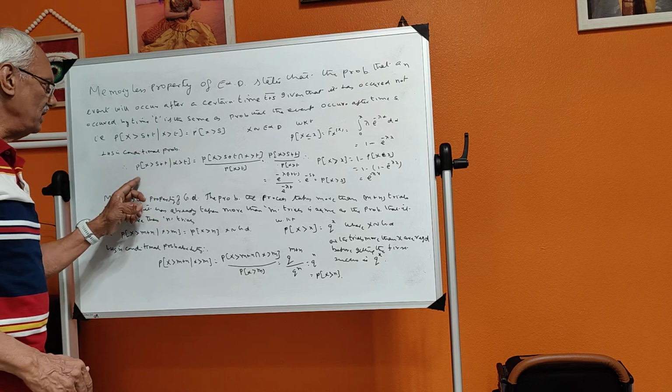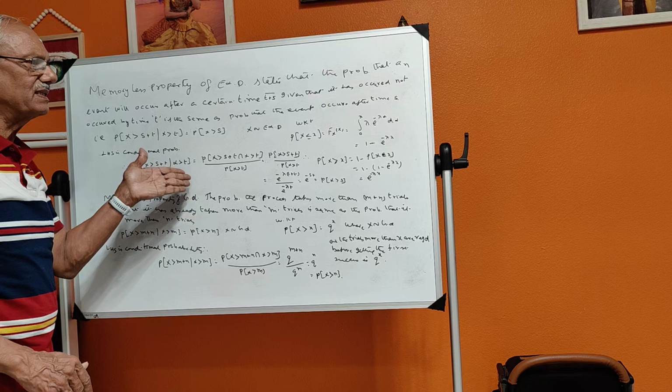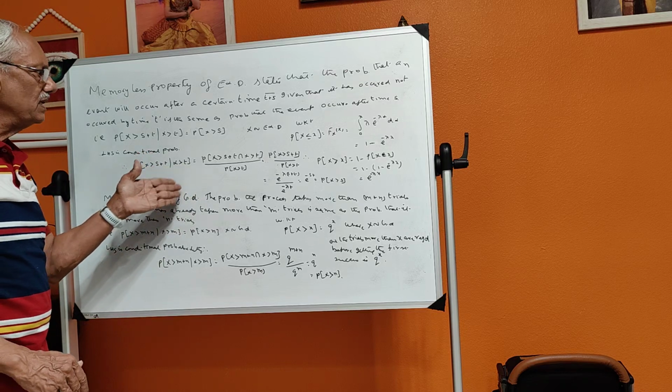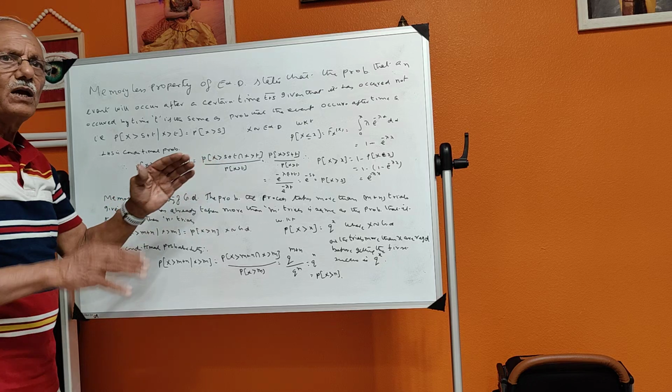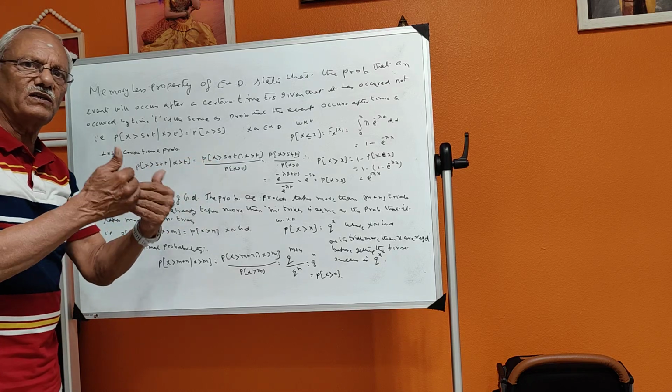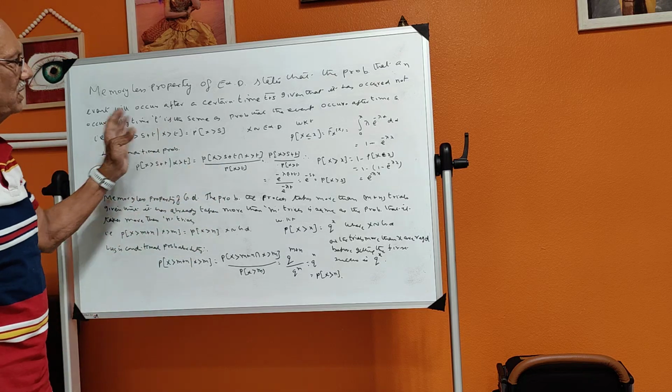That is P of x greater than s plus t, given that it has not happened till t, is as good as finding the probability of the event happening after the time s. So that is what is stated.